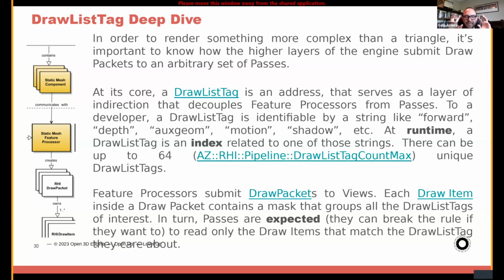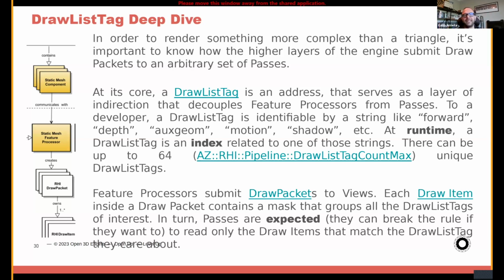Sometimes the same mesh has to be used in different passes using different shaders. So to decouple the feature processors from the passes, we use the DrawListTag. That way, the feature processor doesn't really know or care what the concrete pass is that is going to render.